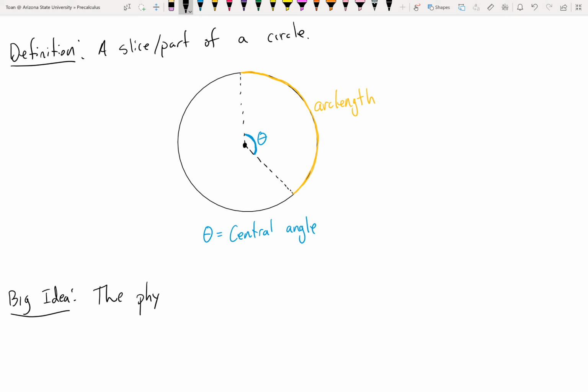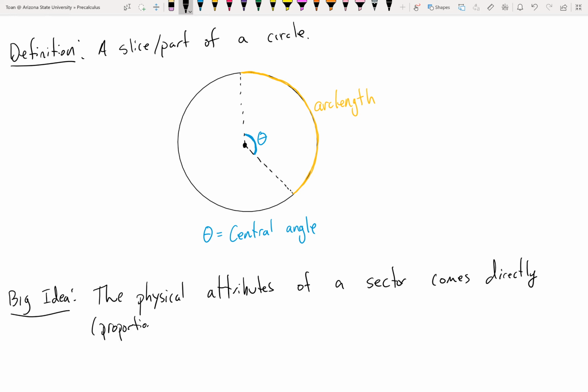The physical attributes of a sector come directly, specifically directly proportional, from the attributes of the circle it came from.